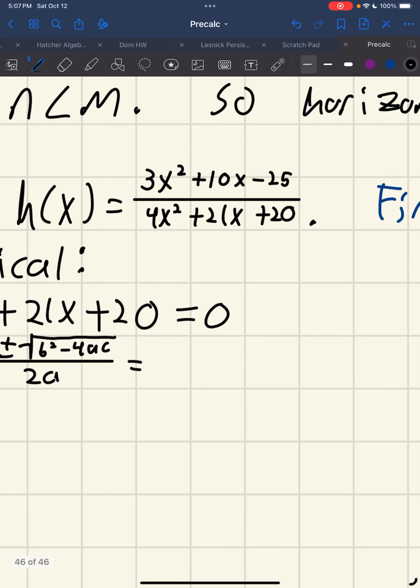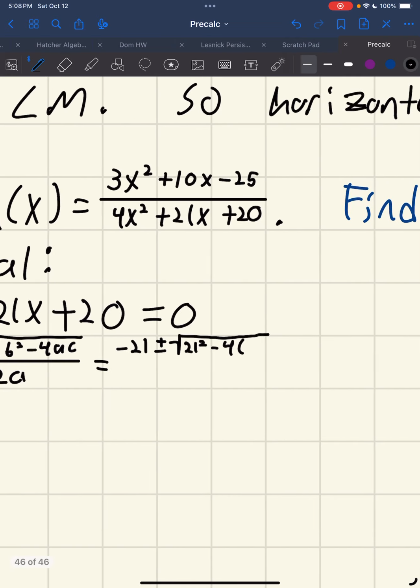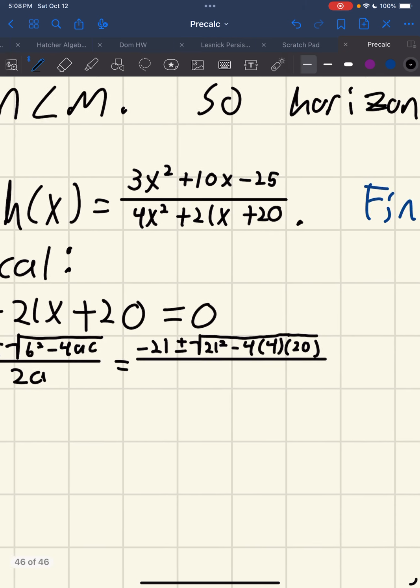So we'll get negative 21 plus minus square root of 21 squared minus 4 times 4 times 20, all over 2 times 4.